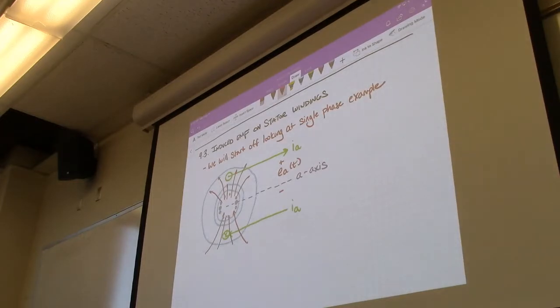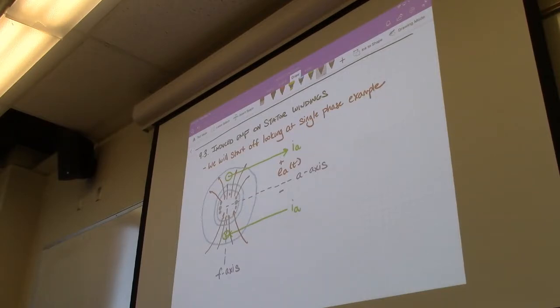Okay. One thing that we haven't shown before is we also have another axis to be concerned with. That's the F axis, the axis of the field winding, which is going to be the same as what we called previously the D axis.